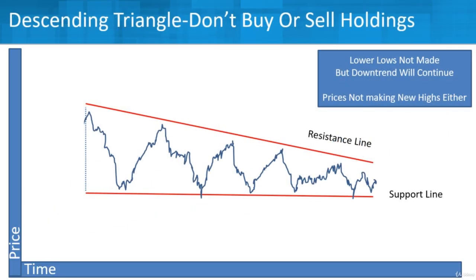Now in a descending triangle, it's the same concept, just the other direction. You see how our support line now is horizontal, and our resistance line has a downward slope, and a downward trend leading into it. Again, it's a continuation trend. So the lower lows are not made, but the downtrend will continue as it trades within that and converges in there. But the prices are not making new highs either.